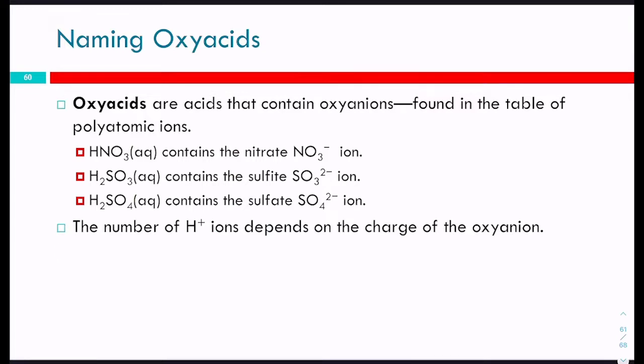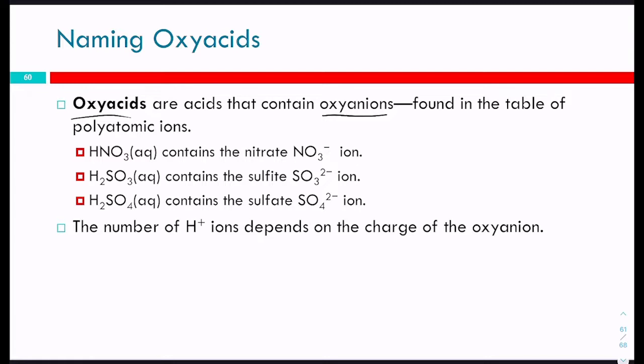The only thing that makes the oxyacids tricky is that you have to know the oxyanions, because the name of the oxyanion affects how you name the acid. So oxyacids contain oxyanions, found in the table of polyatomic ions.